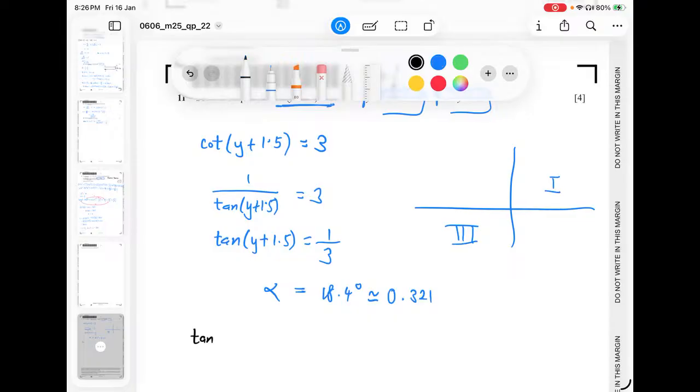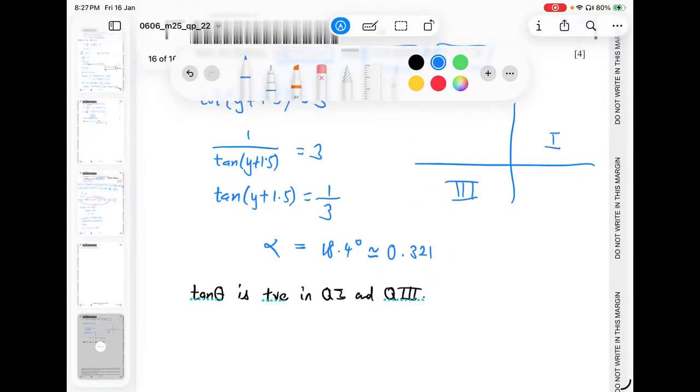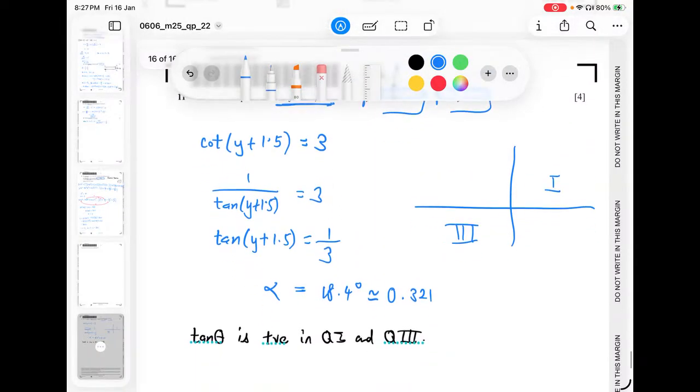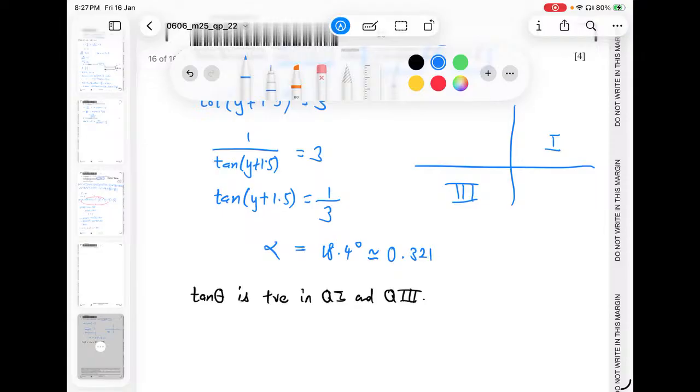So I'll just write that here. Tan theta is positive in quadrant 1 and quadrant 3. So in quadrant 1, you just find it with y plus 1.5.